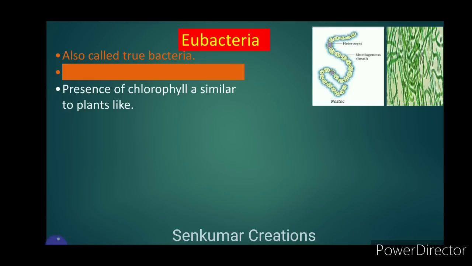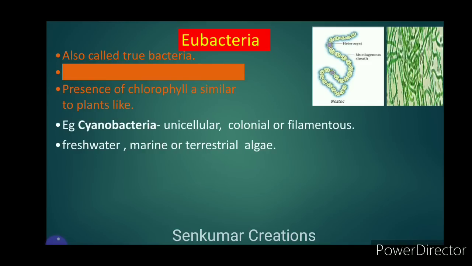Because of the presence of chlorophyll, similar to plants, they are called photosynthetic bacteria. An example is cyanobacteria. They are unicellular, colonial or filamentous, and found in freshwater, marine or terrestrial habitats, like algae. So cyanobacteria is an example of autotrophic nutrition in Eubacteria.